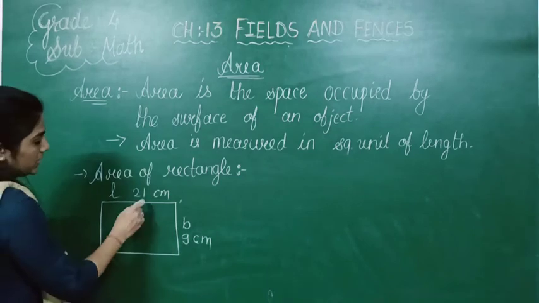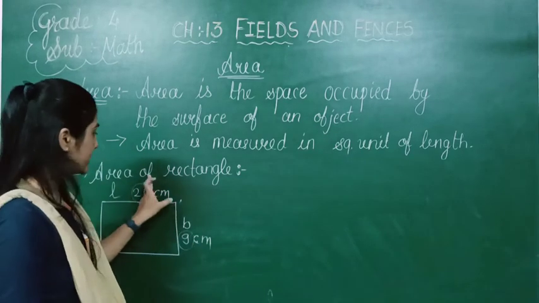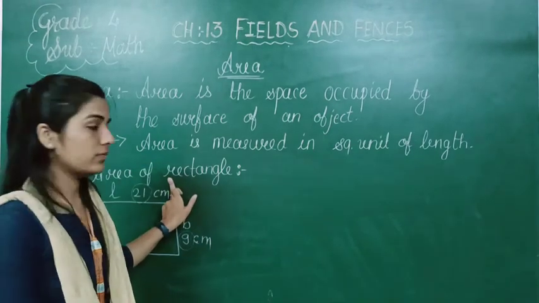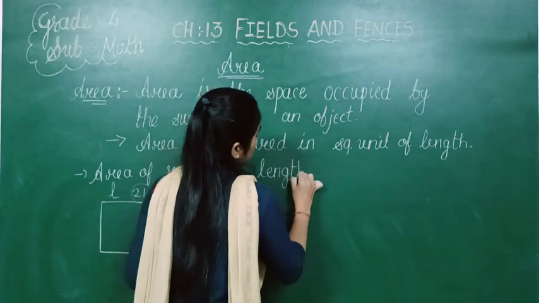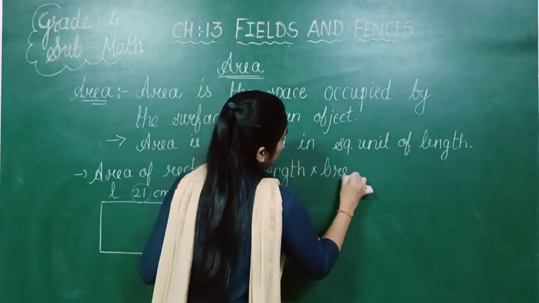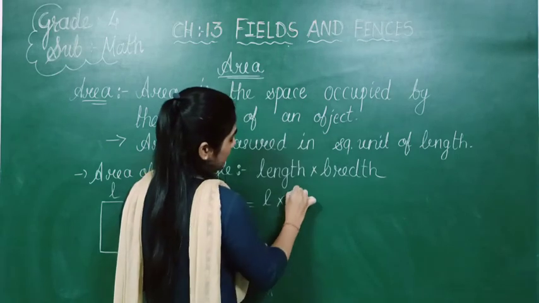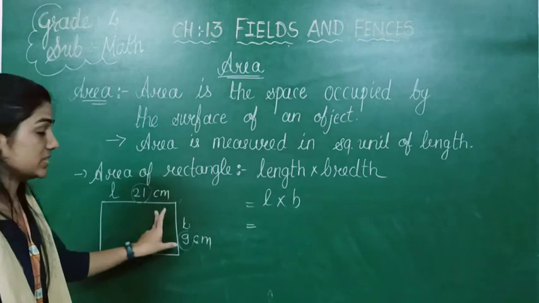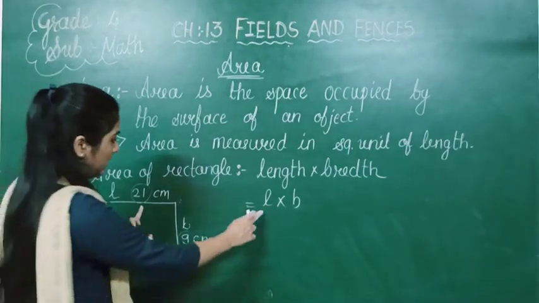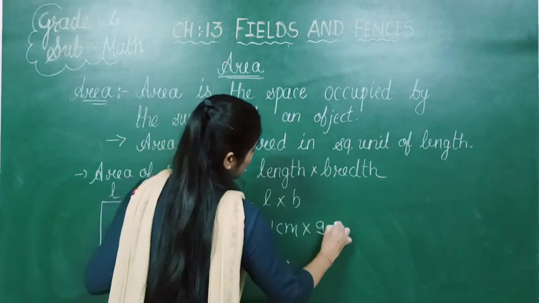Length and breadth. This is 21 and this is 9. So what is the formula for the area of a rectangle? Length multiply breadth. So in short you can write L multiply B. So if we are putting the values of these sides in this, L we have 21 centimeter and breadth we have 9 centimeter.